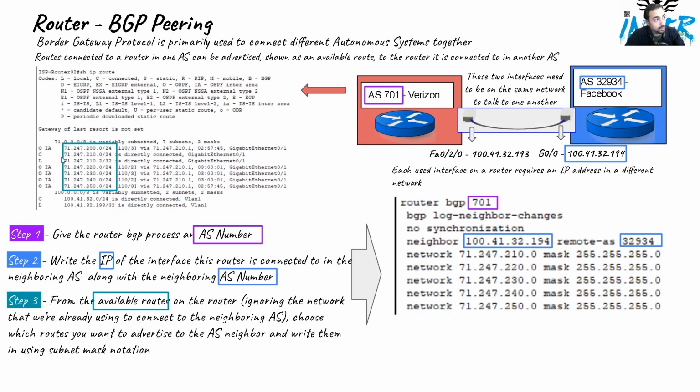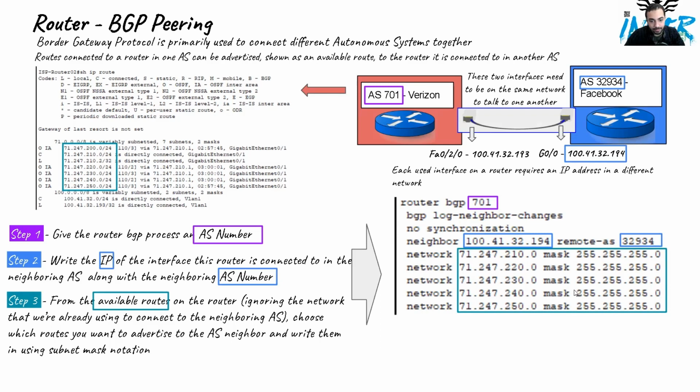We're only going to advertise the ones that our router knows that are not already connected to the neighbor. So when we add them, here they are now, we added these routes. We're going to advertise them to our neighbor.